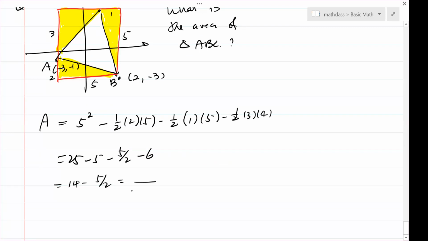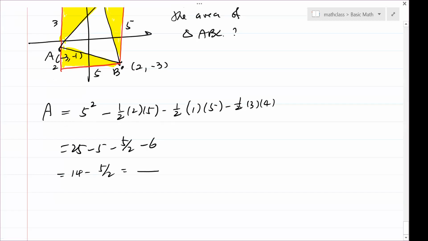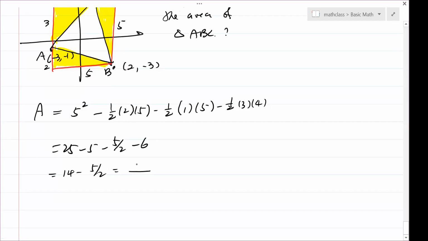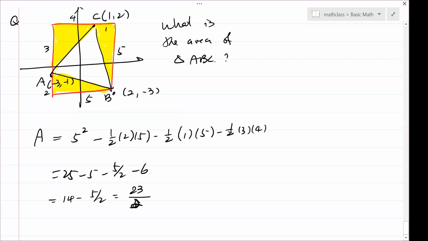So 28 minus 5, 23. Okay, so this is answer 23 over 2. You probably get 11.5. So use the subtraction method, you can find the area of triangle.